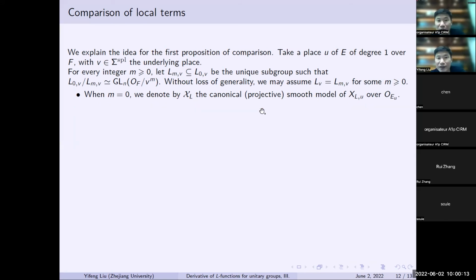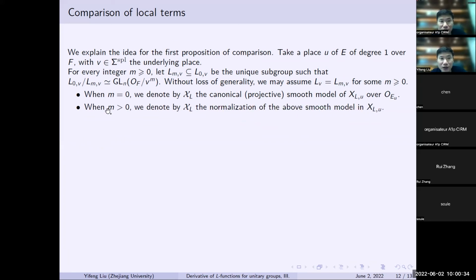And by the way, the reason we are using a model is that we want to apply the proposition from yesterday to transform the Beilinson local height, which is defined without any model, into a certain intersection problem on some nice, regular model.